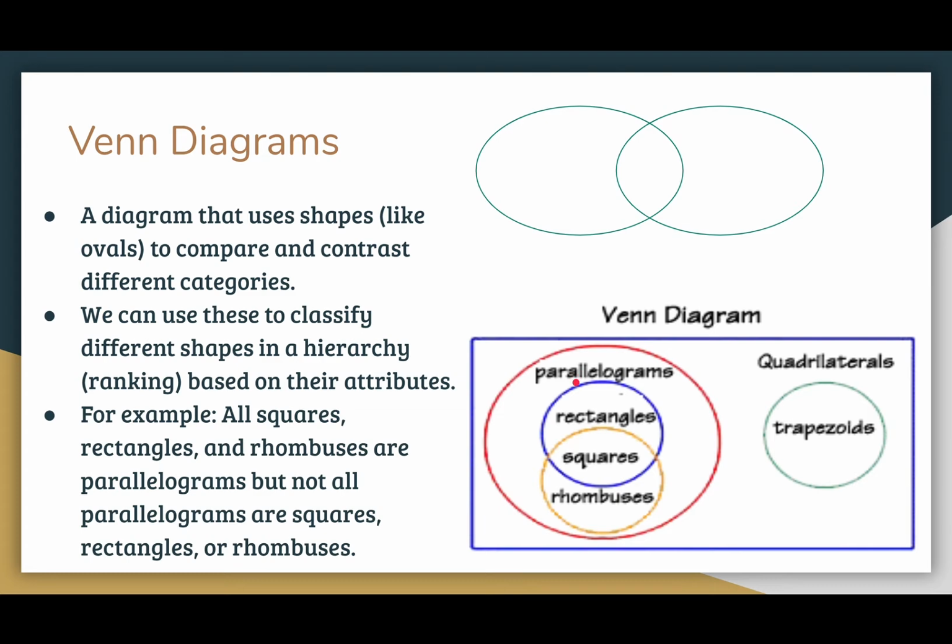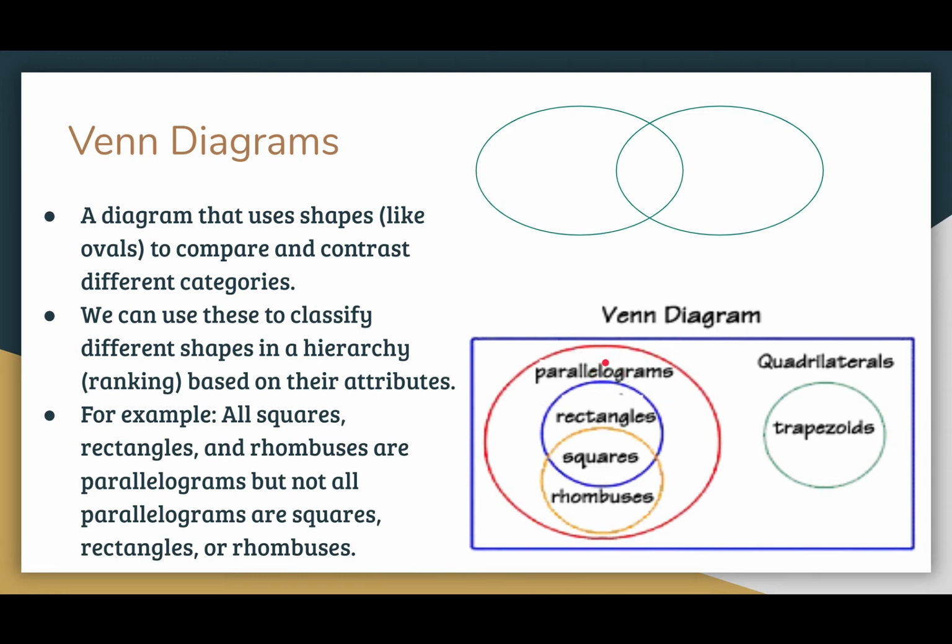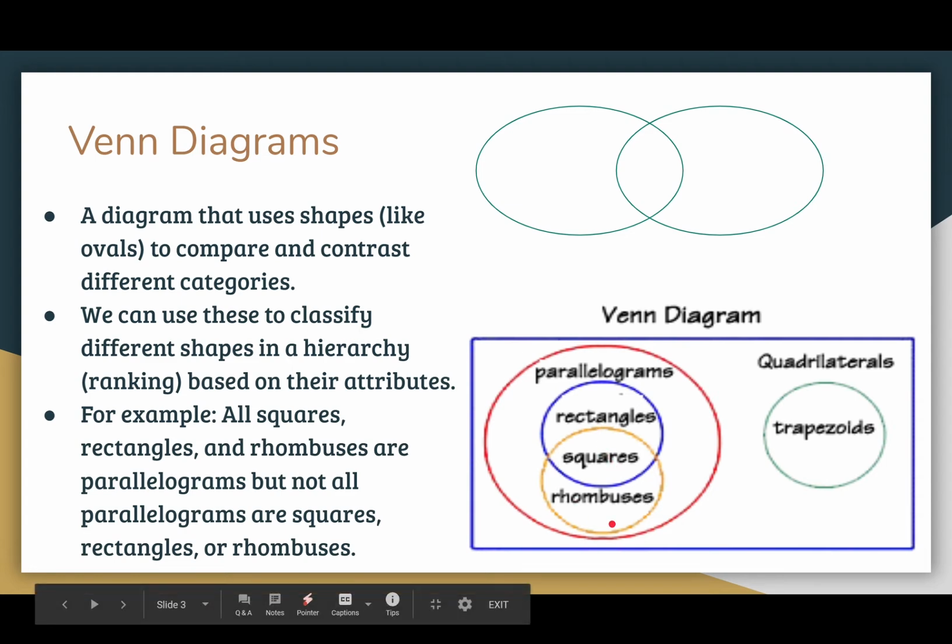And not only do they all have parallel sides, but they all have 4 sides because they are all quadrilaterals. So we said, for example, all squares, rectangles, and rhombuses are parallelograms. But it's important to note that not all parallelograms are squares, rectangles, or rhombuses. And that's how we can learn to read these Venn diagrams.